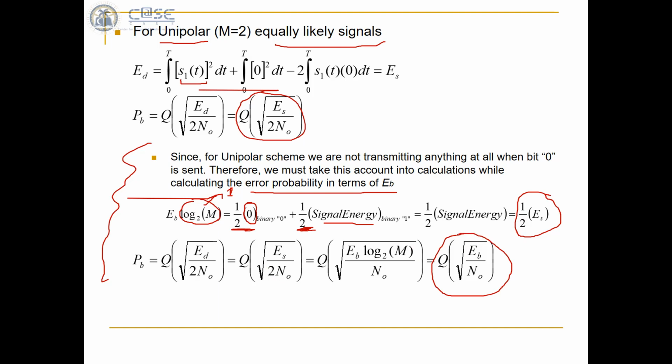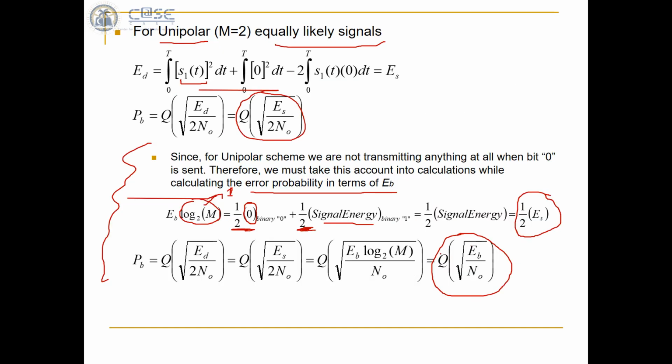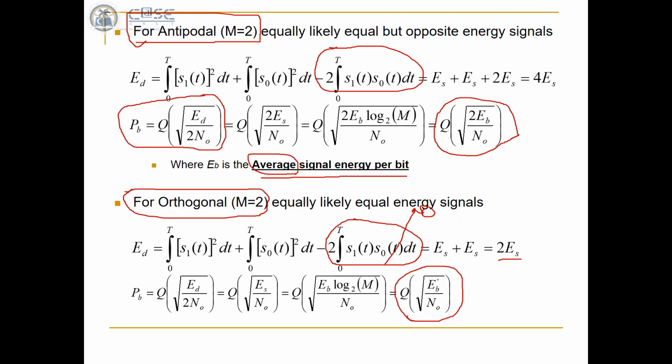What it turned out to be is that for the unipolar, the error probability expressed in terms of average energy per bit is exactly equivalent to the case of orthogonal signaling when the same is expressed in terms of average energy per bit. But for unipolar, when you express it in terms of signal energy, symbol energy, then that is different compared to either antipodal or orthogonal.